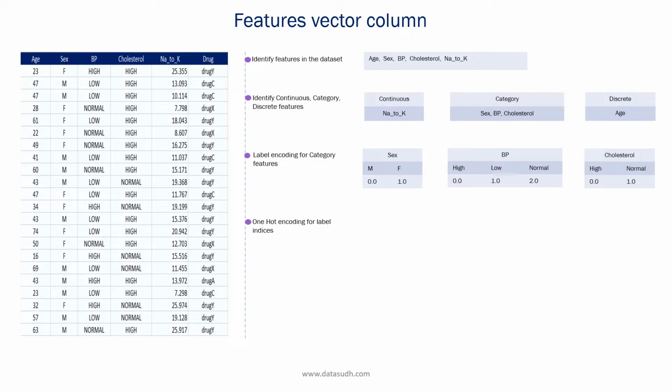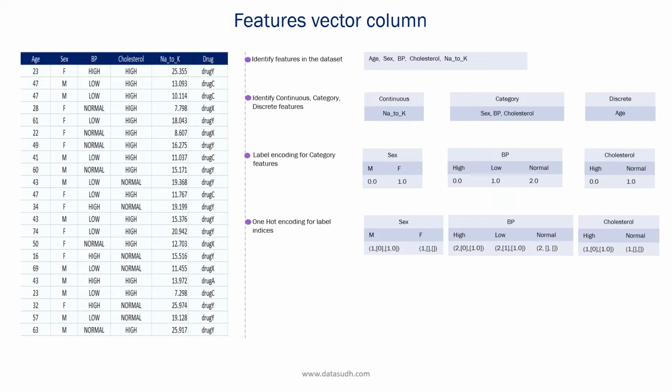So for each category index, when we do one hot encoding, that value will generate a sparse binary vector like these, which can be represented in this encoded value. Finally, with all this, we can now create the feature vector column.